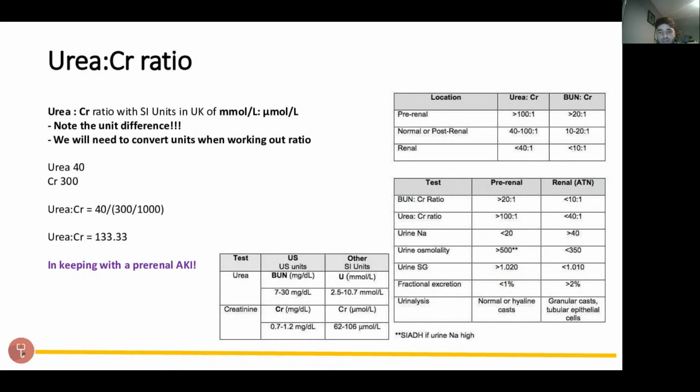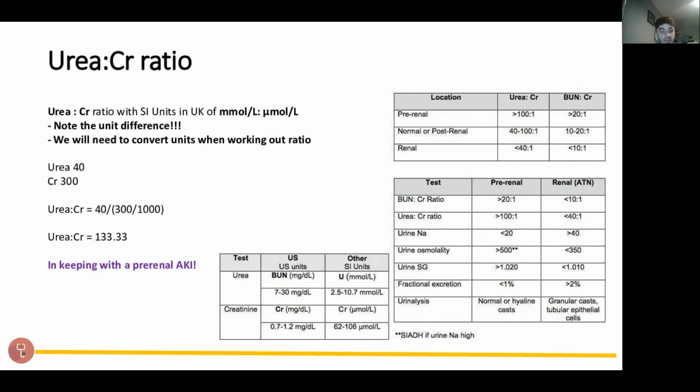But if we look at the differentiations between pre-renal AKIs and acute tubular injury or necrosis, there's a few things to note here. In pre-renal AKI, you're dehydrated. Your body is trying to reabsorb as much fluid as possible, and we reabsorb fluid as it follows the sodium. So we're going to reabsorb lots of sodium, lots of fluid, and therefore in the urine, you're going to get a low sodium in the urine.